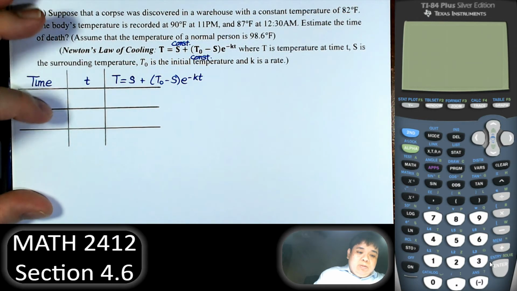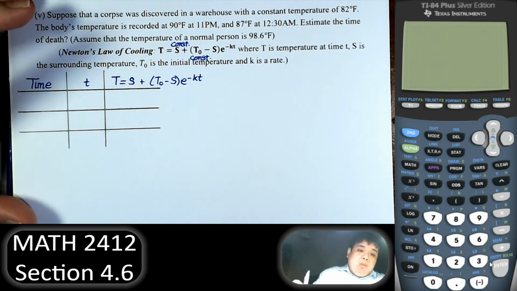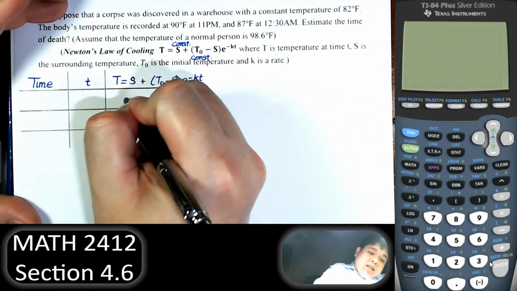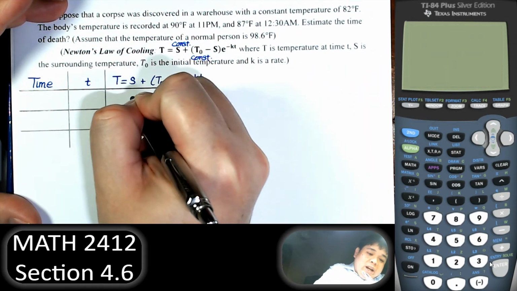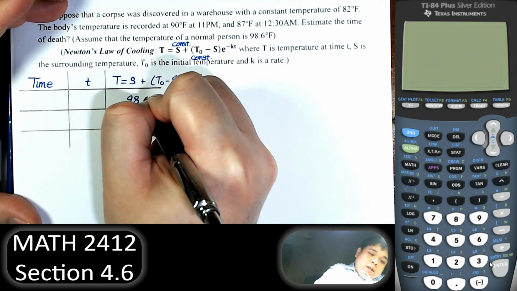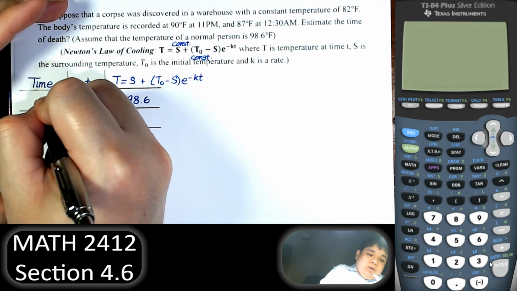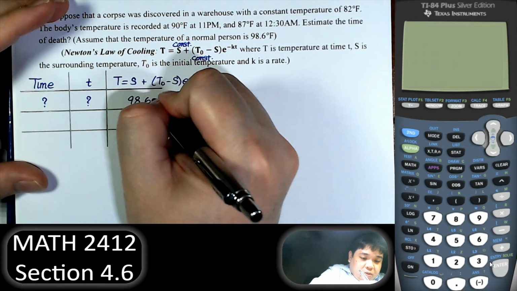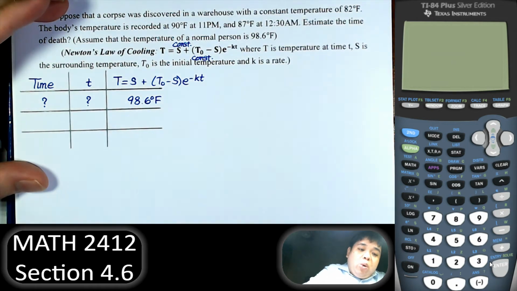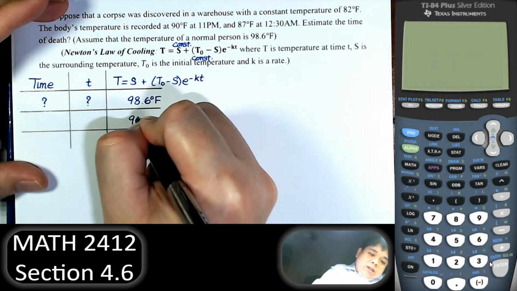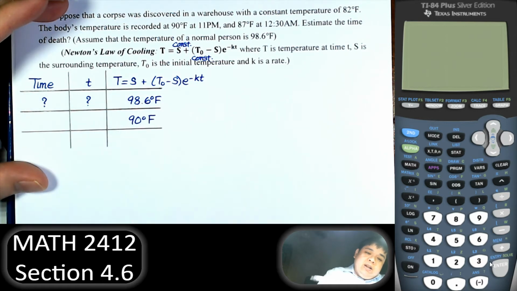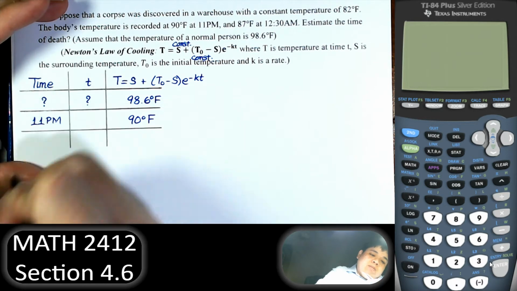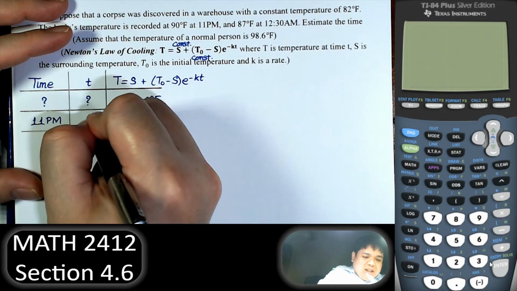First of all, a normal person, when that person died, is at 98.6 degrees. So we have 98.6 degrees. That is when we die, and we don't know the time. We know that it is 90 degrees Fahrenheit at 11 p.m. But for simplicity, let that T be 0.